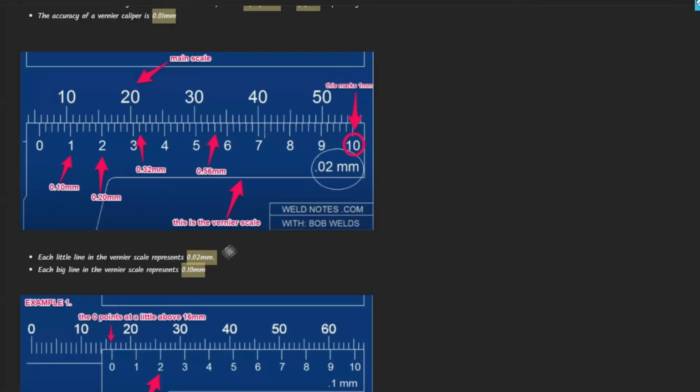Now just remember one thing, that each little line in the vernier scale represents 0.02 millimeters, okay? So each of these lines you see here, this, 0.02, 0.04, 0.06, it just keeps going on like this until you reach 1 millimeter.